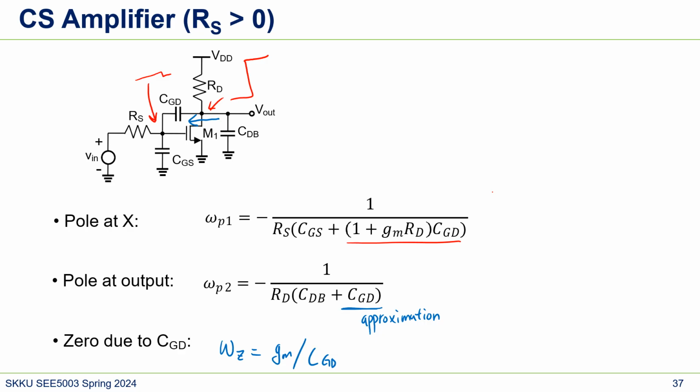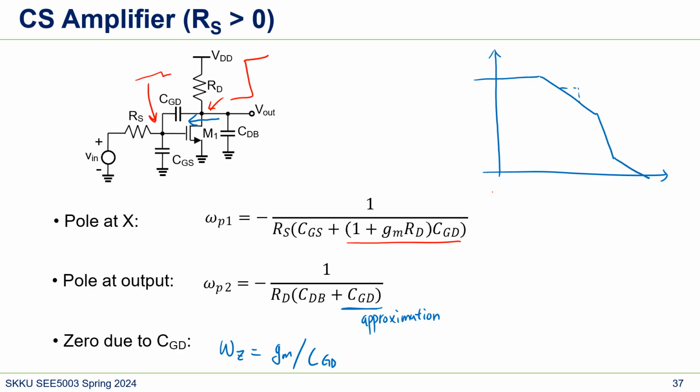Because we have a non-zero RS, whereas in the previous slide, when RS was zero, we had one pole and one zero, now we have two poles and one zero. So our frequency response will look like this.